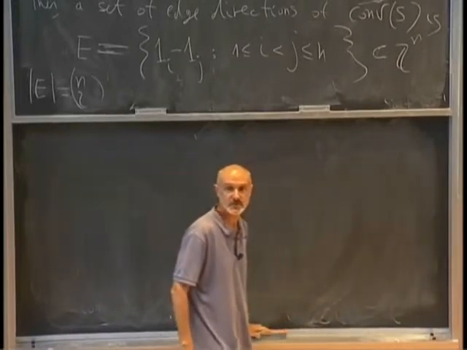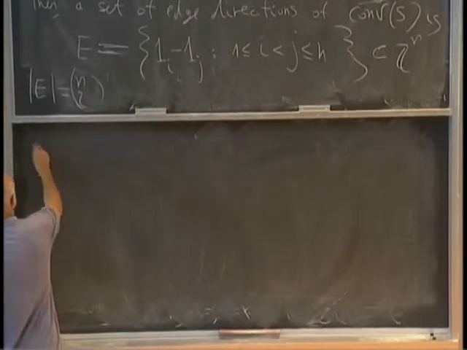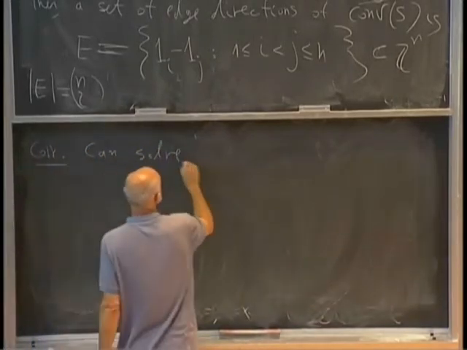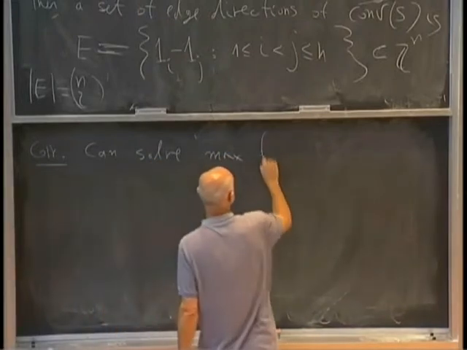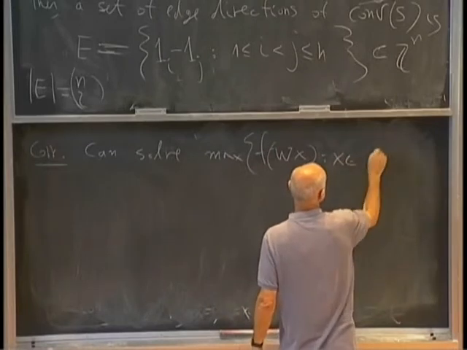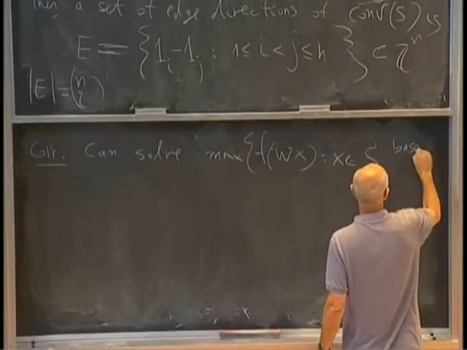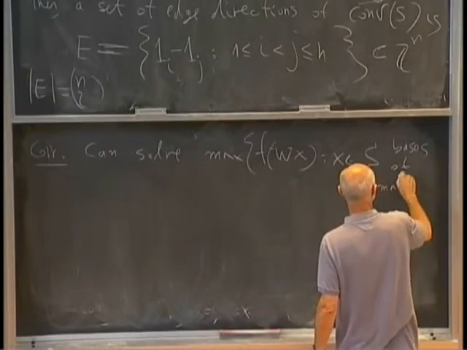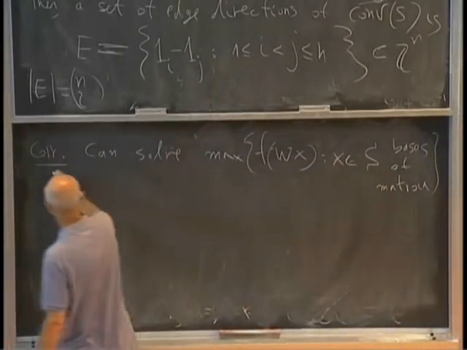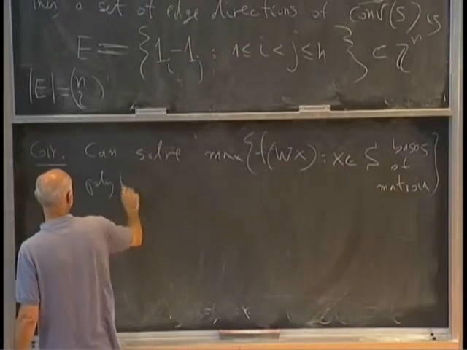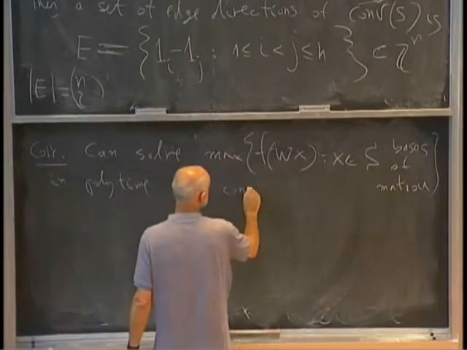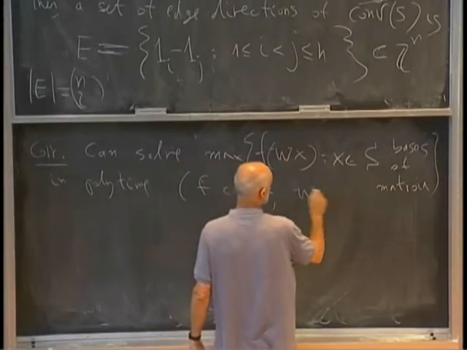So the corollary: we can solve max f(Wx) over x in the bases of matroids in polynomial time, where f is convex and W is d by n.